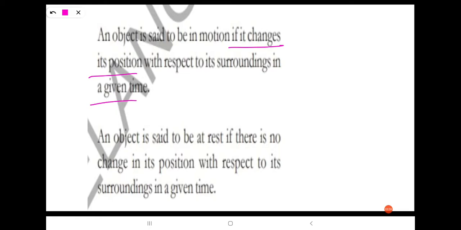An object is said to be at rest if there is no change in its position with respect to its surroundings in a given time.